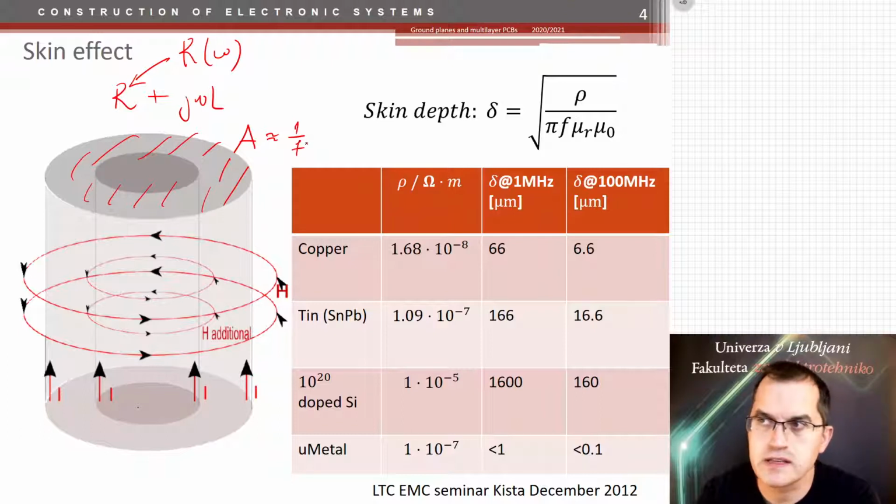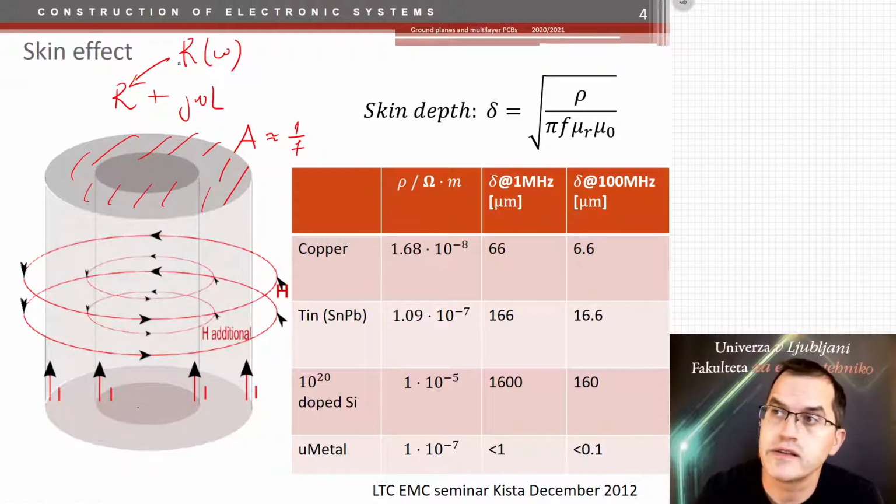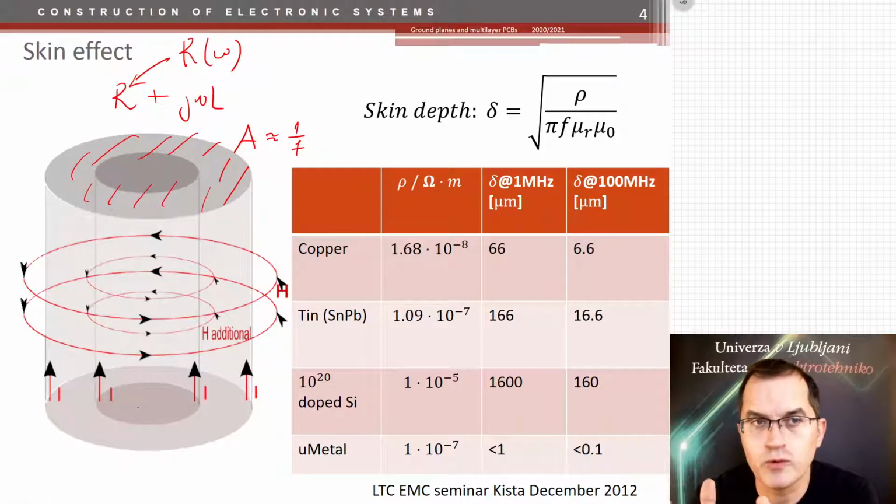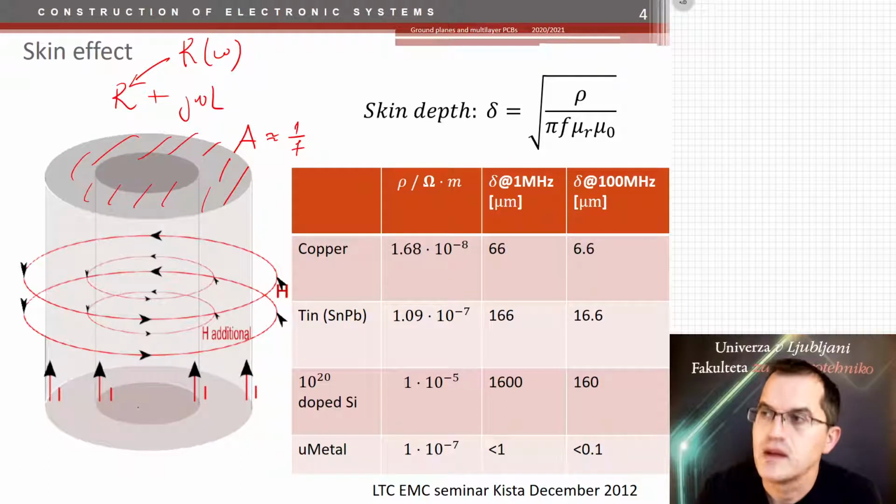So as the frequency gets higher, the cross section goes lower and lower. It's because the current tends to flow towards the surface, and consequently the resistance goes up. So again, we have a resistive part which then changes with frequency as well. So the current then finds the path which is the most optimal in terms of the energy.